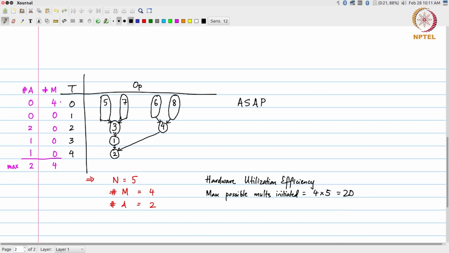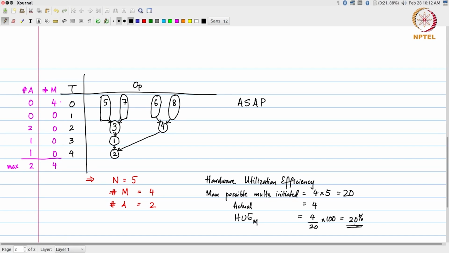How many are actually executed? 4. I have only 4 multiplications. So the hardware utilization efficiency for the multiplier is equal to 4 by 20 into 100, which is basically 20%.